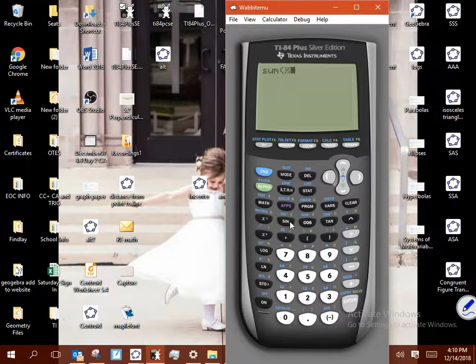Let's see if it will go x squared plus x cubed, comma, x, comma, 9 to 19. It doesn't know what my argument is.